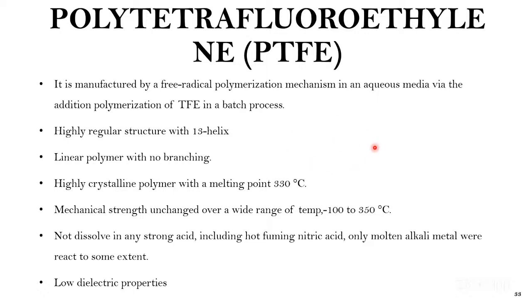Helix structure means it is a rotation kind of structure, and the chains are bonded with very strong intermolecular forces. That is the reason they are highly crystalline, and as compared to many polymers, Teflon, or polytetrafluoroethylene, has a very high melting point, that is 330 degrees Celsius.